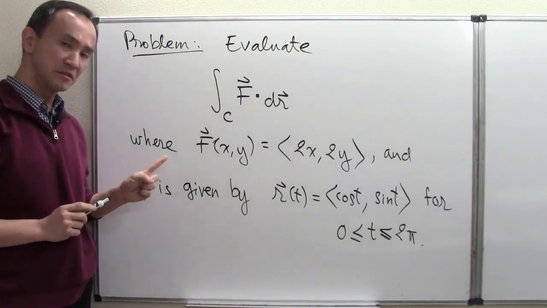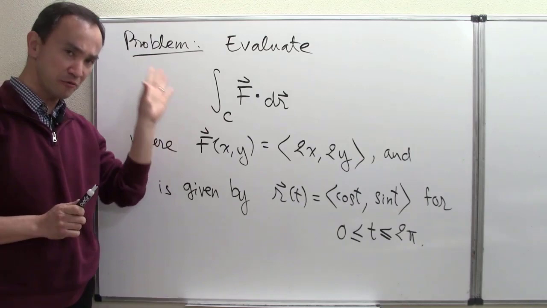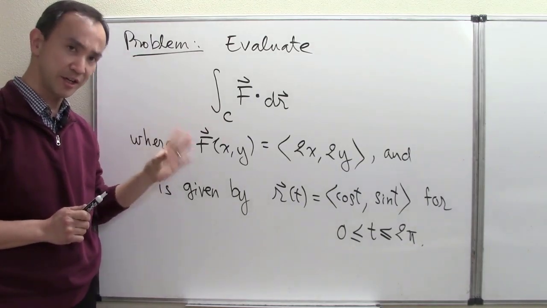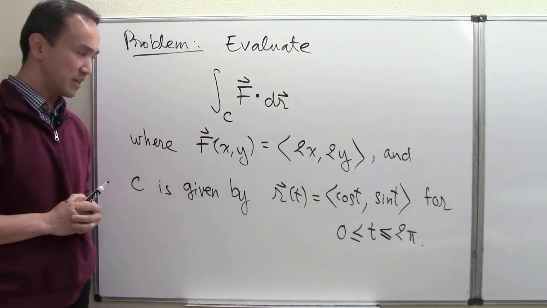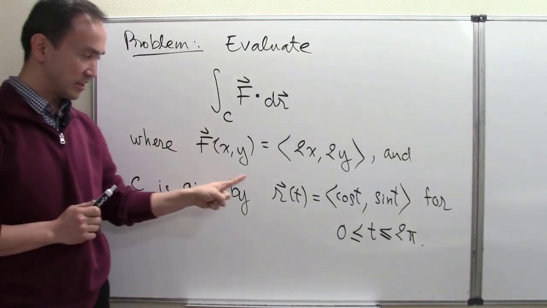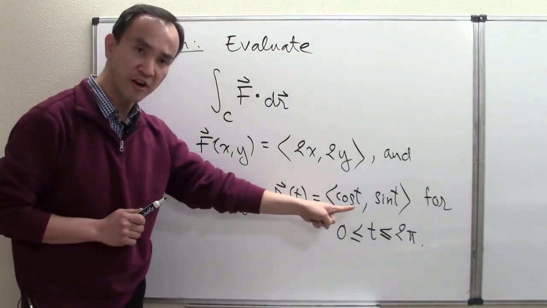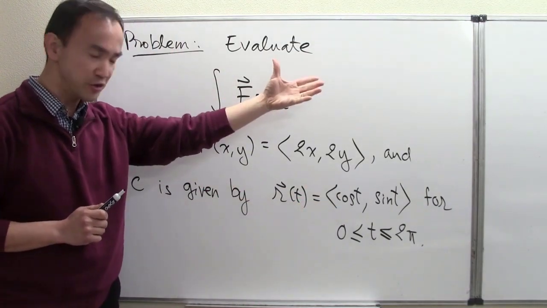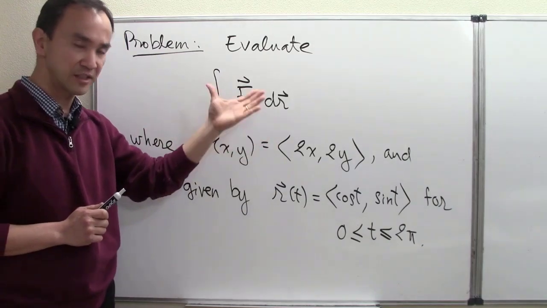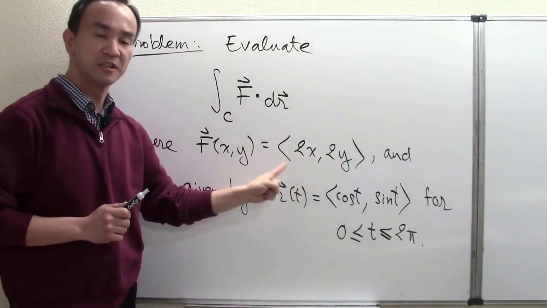To give some insight about this kind of problem: it's a line integral. At first sight, it's simply a line integral, as anyone can see. Our path is the curve parameterized by this vector-valued function. As I mentioned earlier, this is a problem where our vector field is two-dimensional.